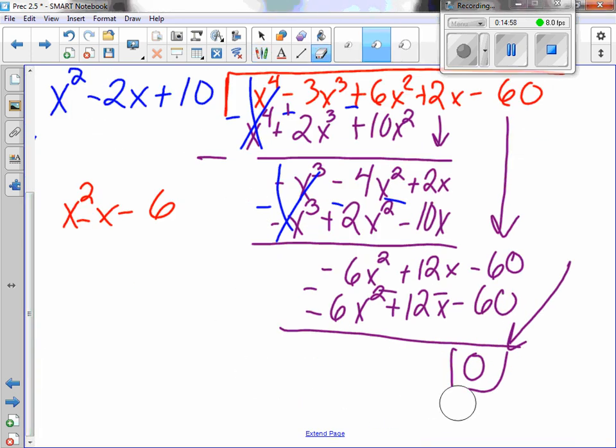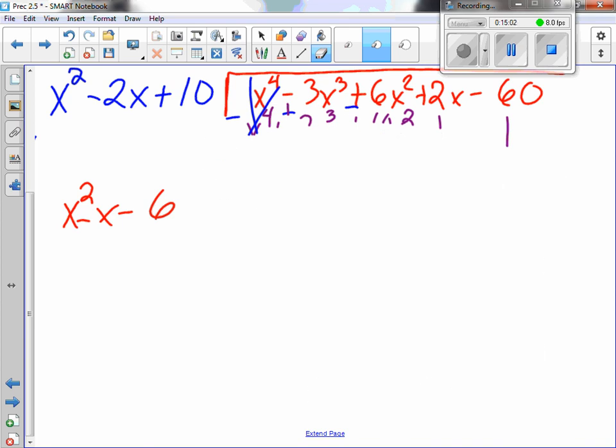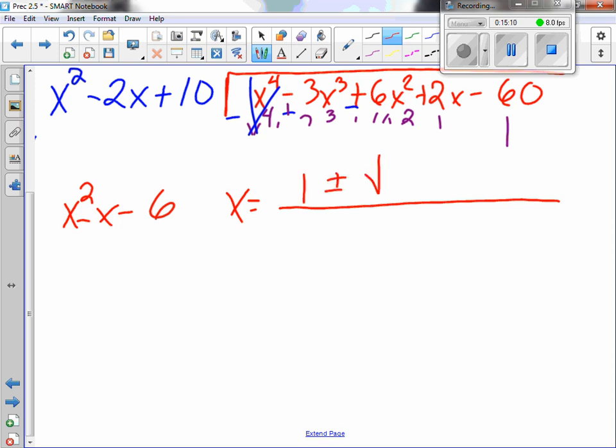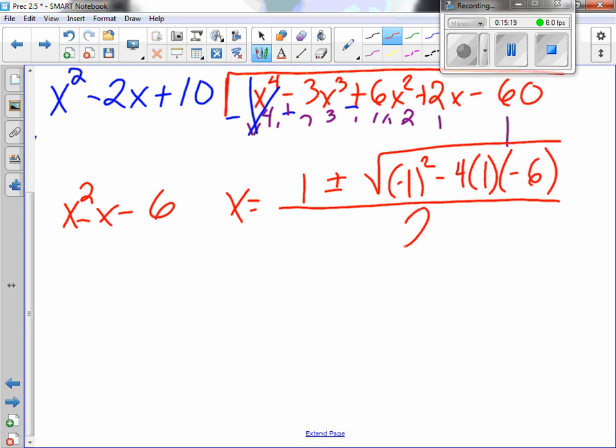At this point here, I can use the quadratic formula. Negative b, so negative 1 is just 1, plus or minus the square root of b squared minus 4 times a times c, all over 2a.